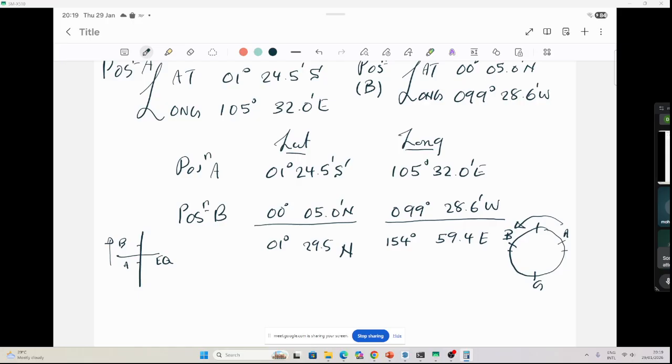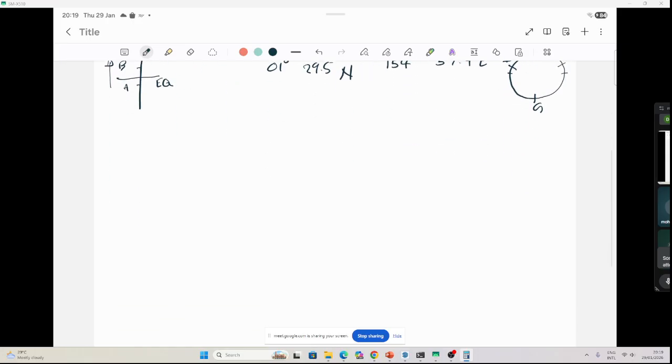So let's do the next sum. So any questions, guys, before we move on to the next sum? Are we good? Yes, yes. All right. So let's go with the second sum.